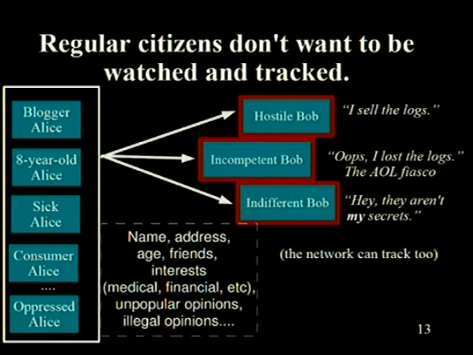8-year-old Alice. Let's say your sister or your friend logs into a chat room, and you've trained her very well. You've said, don't tell people your name, don't tell people where you live, don't provide personal information. Before she says anything, she immediately broadcasts her IP address to the other people in the chat room. And it's not so hard to turn an IP address into a set of geolocation coordinates, and it's not so hard to turn a set of geolocation coordinates into a Google satellite map.